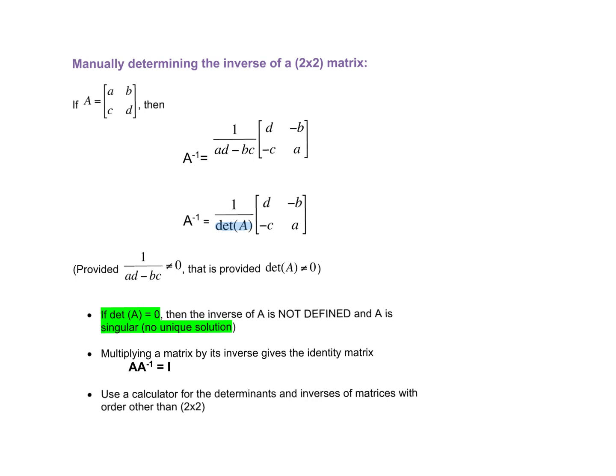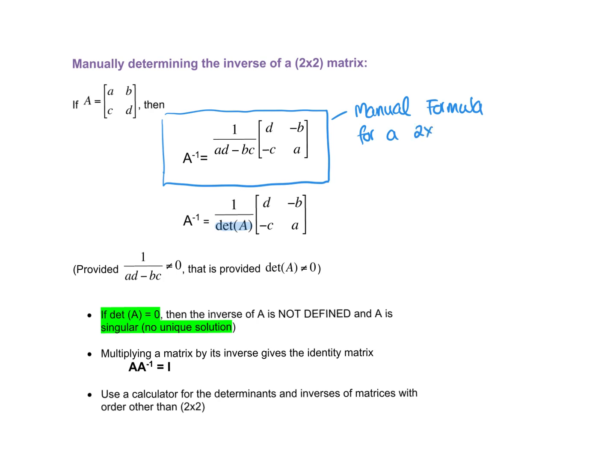Really, you could get around it by just saying, here is the manual formula for a 2 by 2 inverse, because we're only going to manually work them out if they're a 2 by 2. You can see that we do have the determinant number there, and it's part of the fraction part.